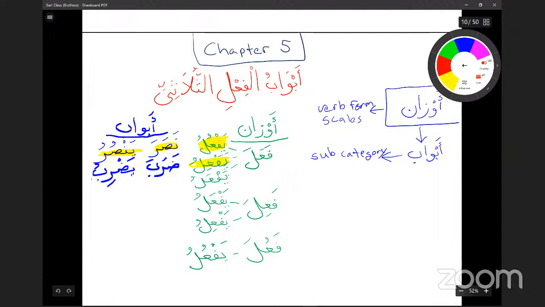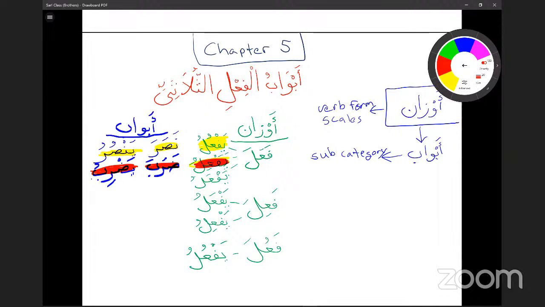Okay, that should be in red. So it goes under the ضرب يضرب. So we have نصر ينصر, ضرب يضرب. That's how you're going to memorize it. All you have to do is just match the harakat. نصر ينصر goes under فعل يفعل. فعل يفعل is ضرب يضرب.